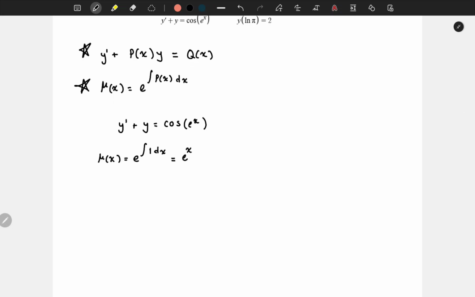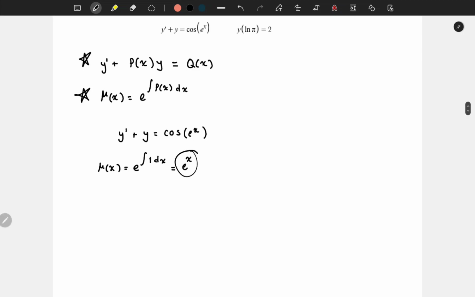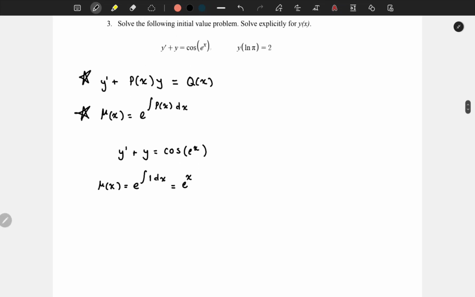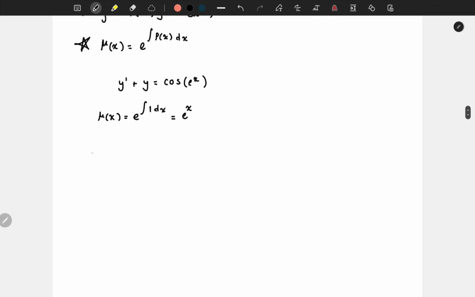So now what we have to do is multiply this to our whole differential equation, to both sides of the differential equation that we have.